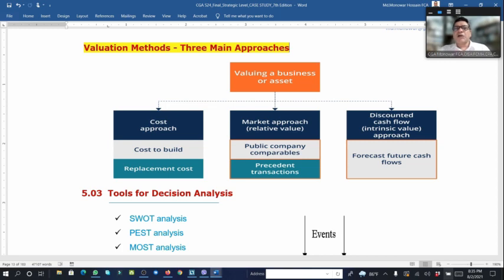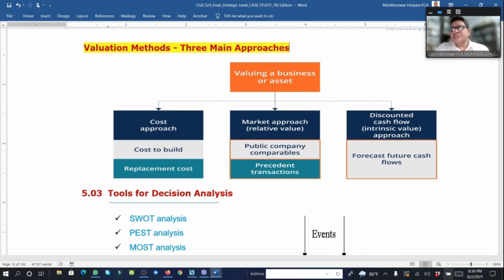Another thing, the market approach. It is the relative value. So what is that? Public company comparable. The market value, for example, if you want to buy, merge or acquire one of the companies, if that company is listed, you can easily calculate the valuation of the company, because per share market value multiplied by the number of shares outstanding gives the total market capitalization or value.